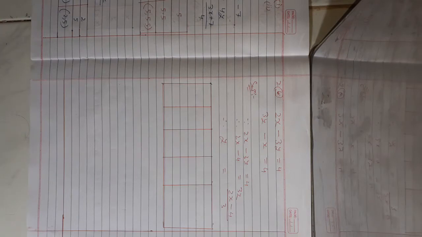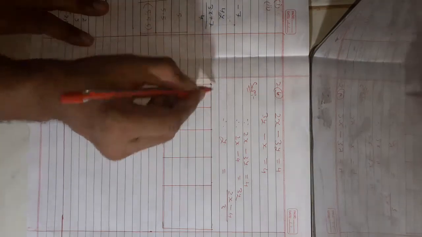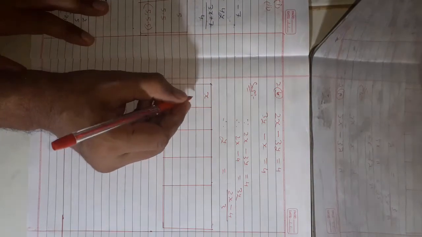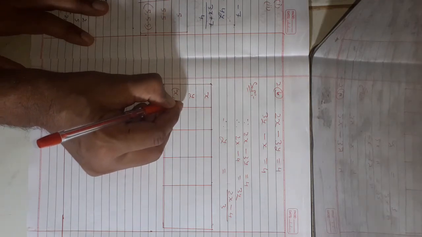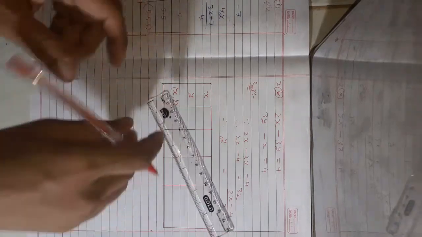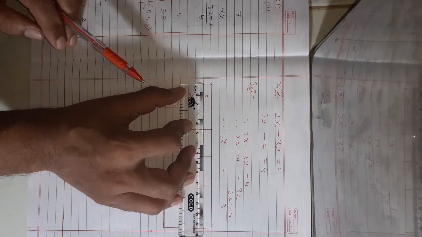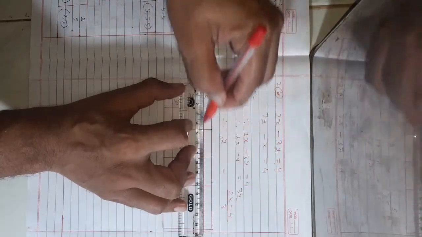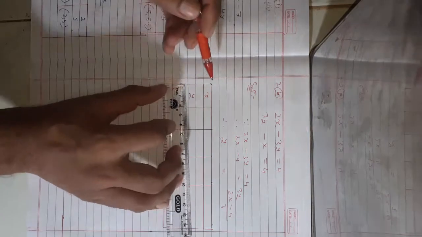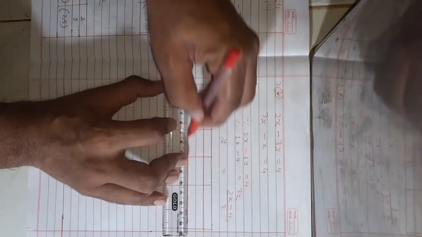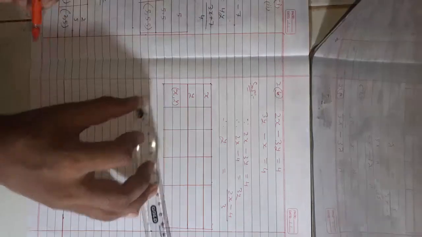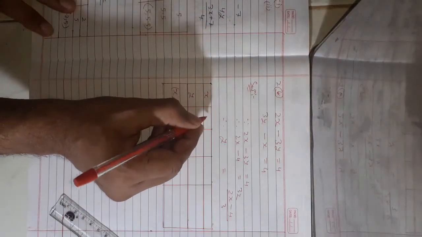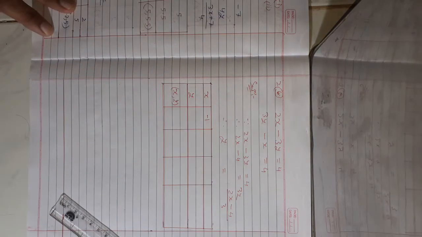So here x, y, x comma y. So if we are taking x is equal to minus 1, suppose that. Okay, so how much you will get?